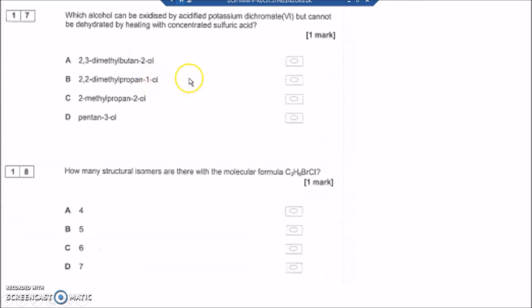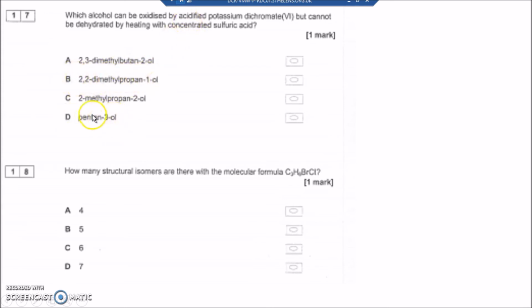Propan-1-ol, so the OH is on carbon number 1, and on carbon number 2, you've got 2 methyl groups, and you'll have a carbon number 3 as well joined to it. So that carbon number 2 there hasn't got an H joined to it. So it's not got an H on carbon number 2 that can be removed along with the OH on carbon number 1. B cannot be dehydrated with concentrated sulfuric acid, so that must be your answer, answer B.